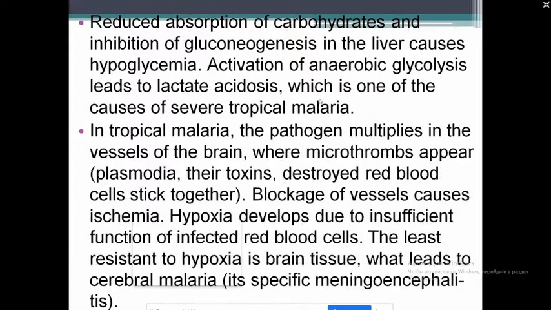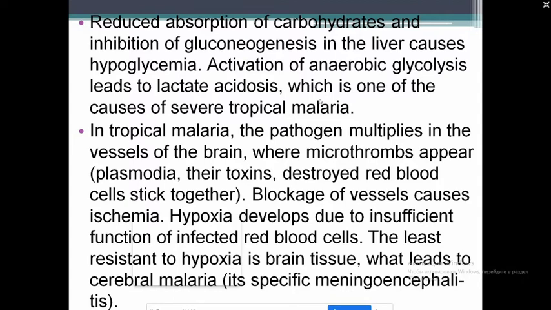Reduced absorption of carbohydrates and inhibition of gluconeogenesis in the liver causes hypoglycemia. Activation of anaerobic glycolysis leads to lactate acidosis, which is one of the causes of severe tropical malaria.